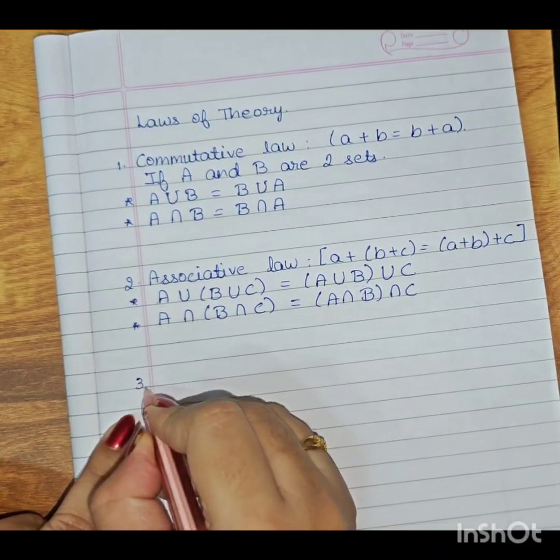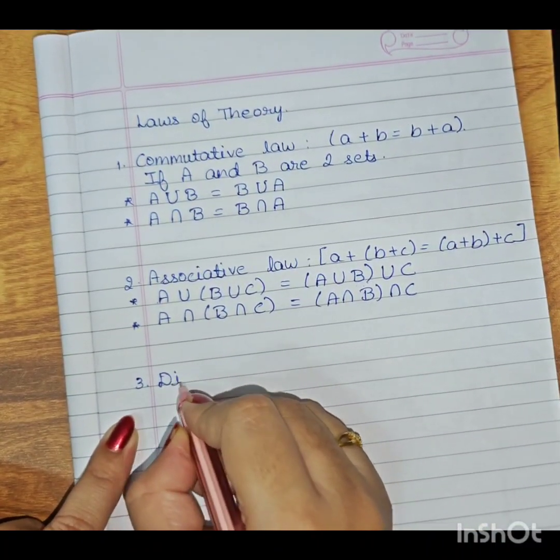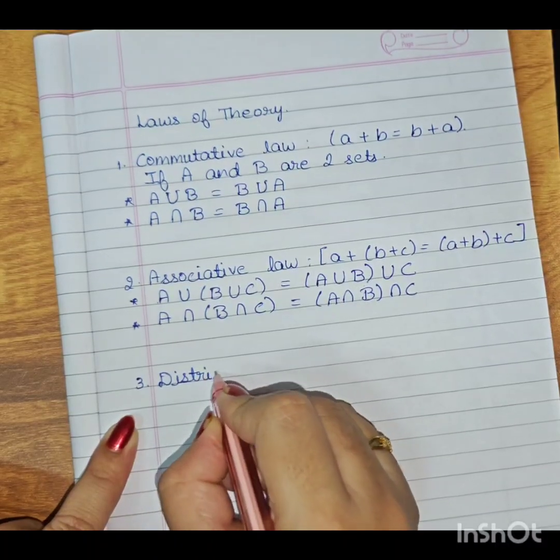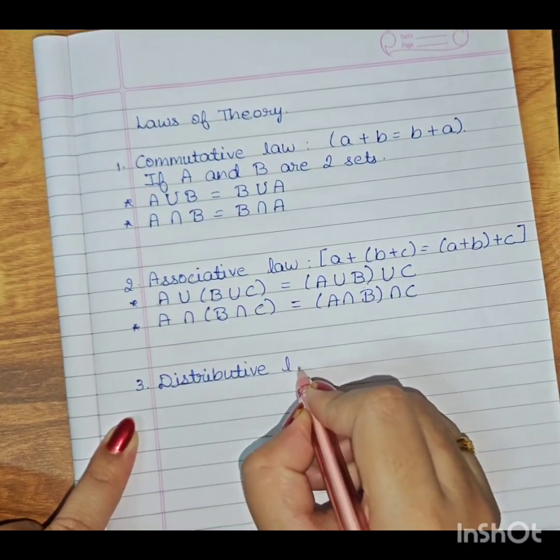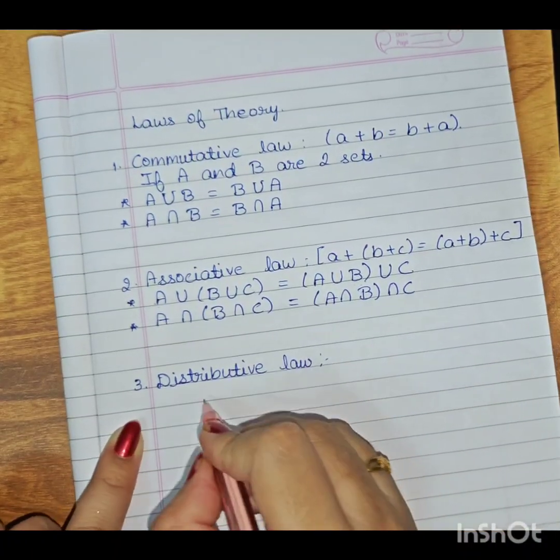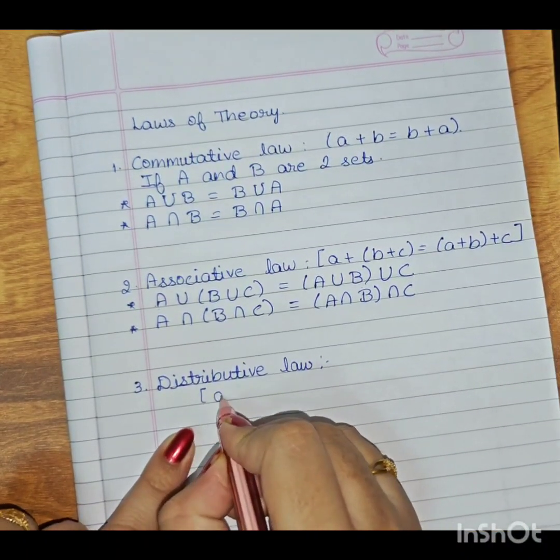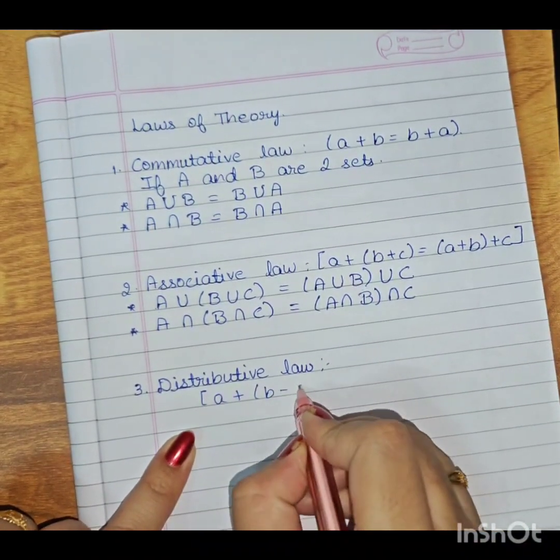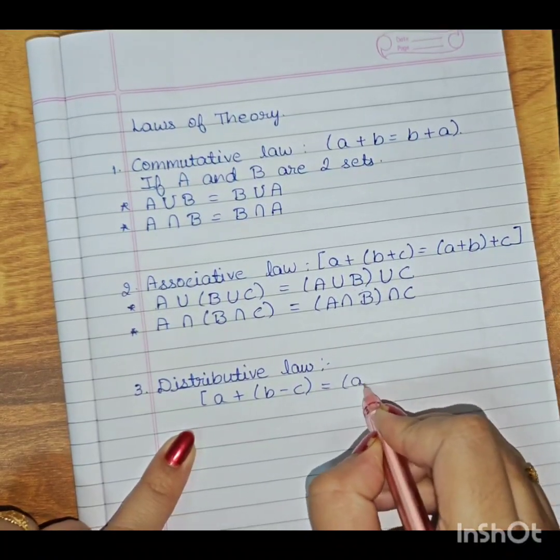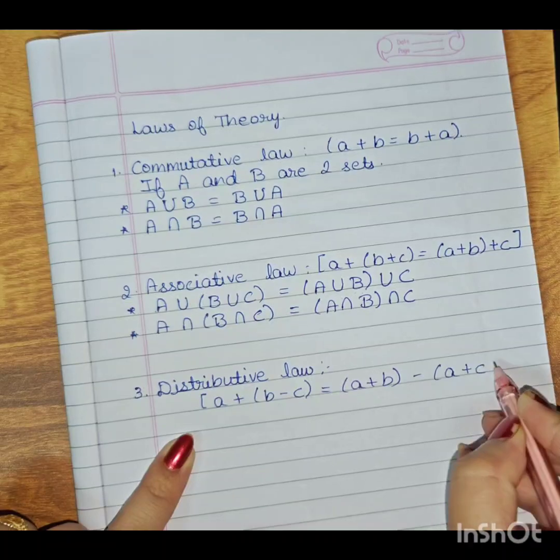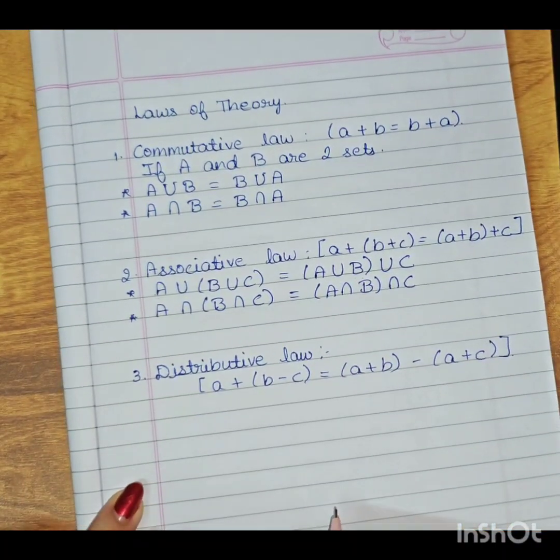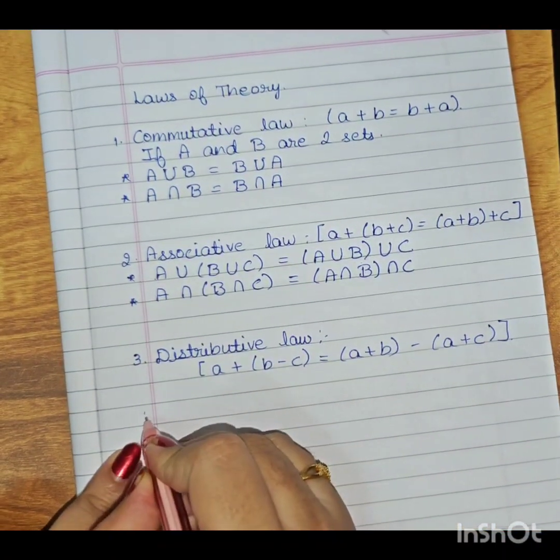So let's go for the third law, distributive law. Even this you have heard, right? In general mathematics we have heard even distributive law. So what is distributive law in general, I'm asking? A times B plus C equals A times B plus A times C. You have this general formula. But in set theory, you have two formulas.